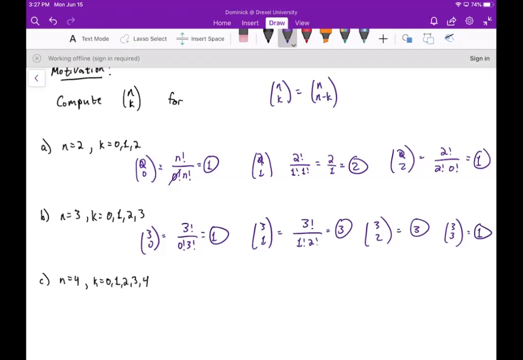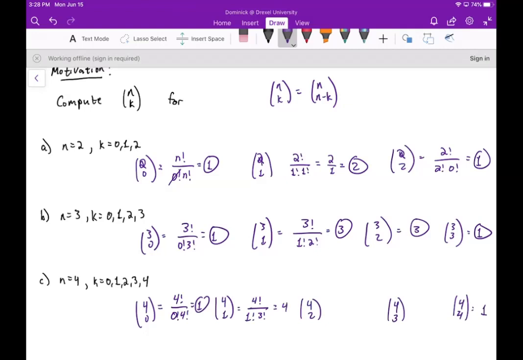Finally, if we do this for 4, we want 4 choose 0, 4 choose 1, 4 choose 2, 4 choose 3, and 4 choose 4. Well, 4 choose 0 is 4 factorial over 0 factorial, 4 factorial, so that's 1. So is 4 choose 4. Now 4 choose 1 will be 4 factorial over 1 factorial, and then 4 minus 1 is 3 factorial.